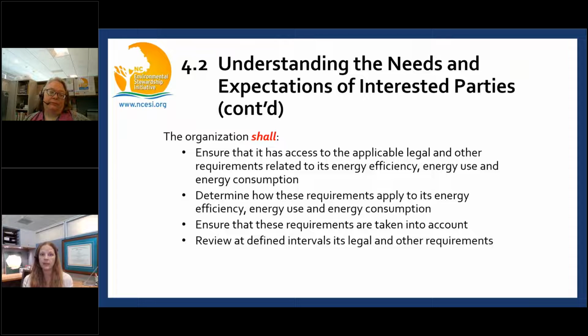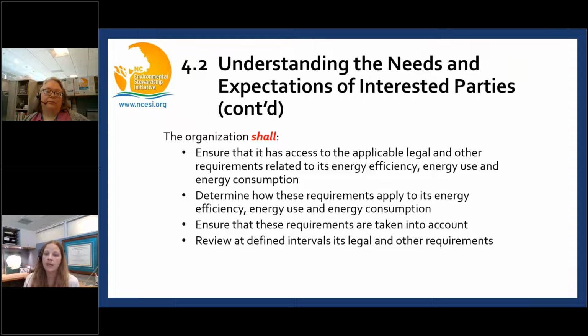It's left it as legal and other requirements because energy is something that is less of a compliance regulation, and more it has other kinds of regulations and other legal requirements. So just a note: if you have more than one ISO standard that you are auditing to, it's just a different wording, but it's basically the same thing as a compliance obligation.